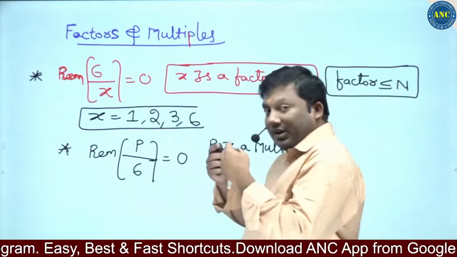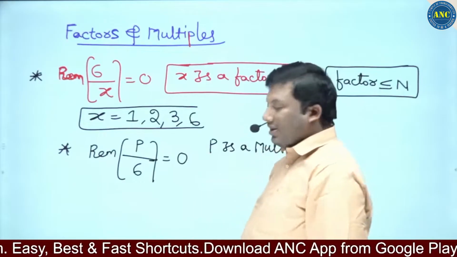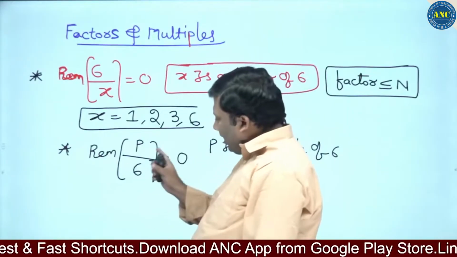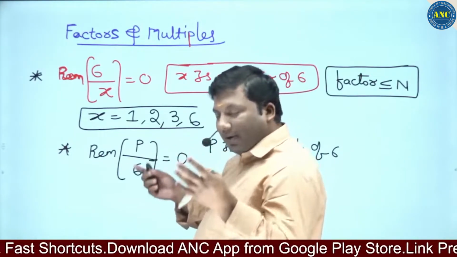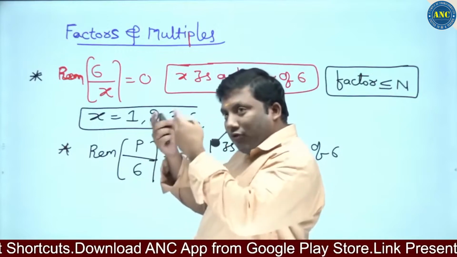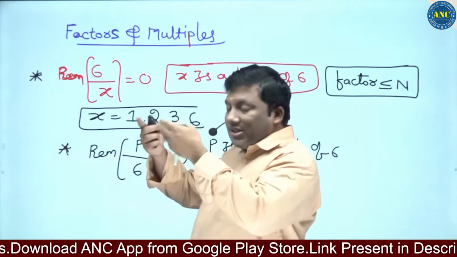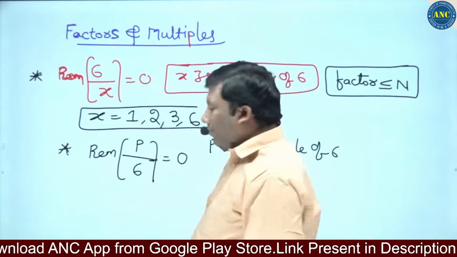Any number, when it is perfectly divisible by 6, and perfectly divisible means remainder is 0. 4 is perfectly divisible by 2, remainder 0. 8 is perfectly divisible by 2, remainder 0.